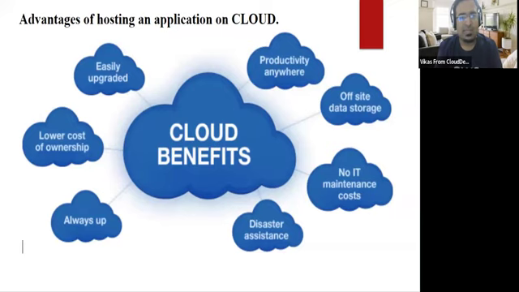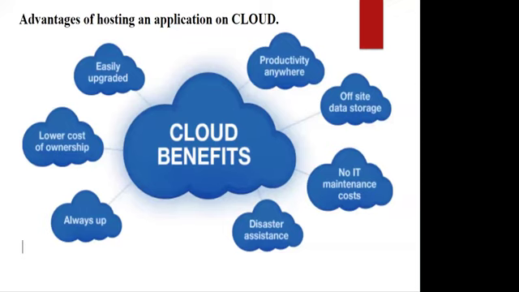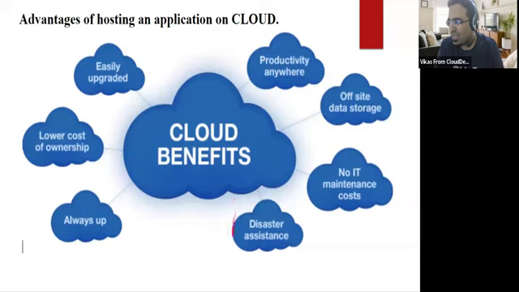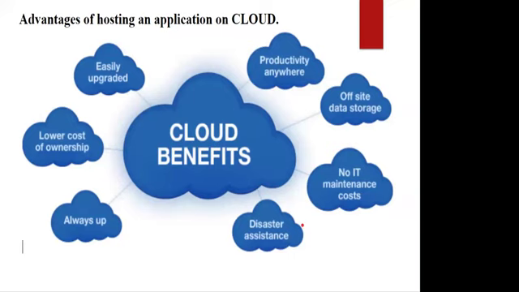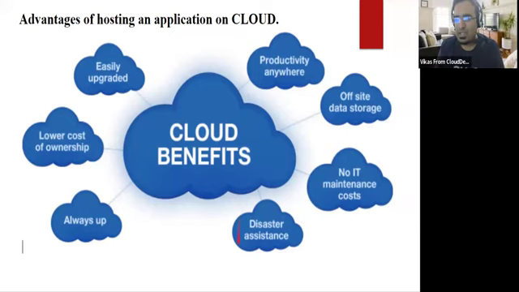Guys, please make it interactive. Storage, disaster recovery. Can anyone explain this disaster recovery or disaster assistance? If any incident happens and data is lost, then it recovers automatically. If any issue happens in the data center, you will get assistance from their experts to solve the problem.